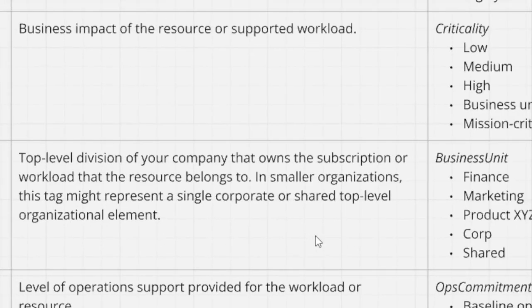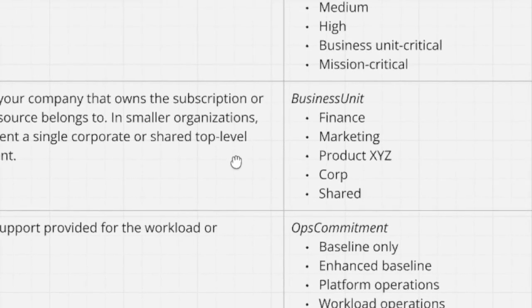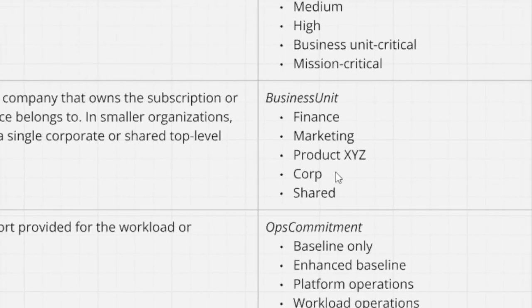Business unit: the top level division of your company that owns the subscription or workload that the resource belongs to. In smaller organizations, this tag might represent a single corporate or shared top level organization element. They have business unit here. They give examples: finance, marketing, product, XYZ, corp, shared. So if you do have different workloads running in an environment for different departments, finance has this application, HR has this application, our IT services have this.